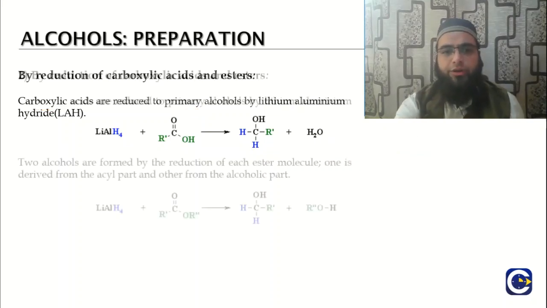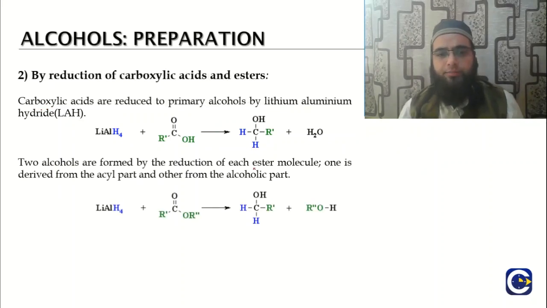If we reduce an ester, each molecule of ester gives us two molecules of alcohols. Again the reduction is done by the reducing agent lithium aluminum hydride.